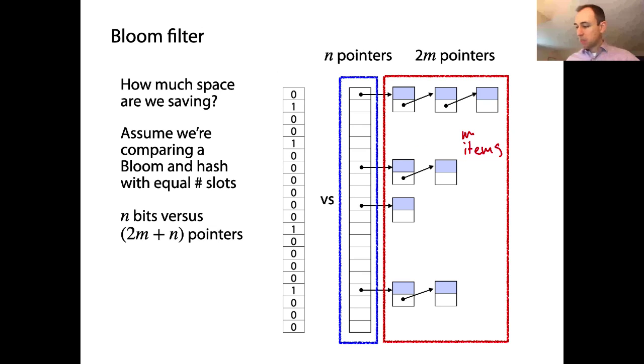Whereas with the hash table, even though that same concern exists and it affects the efficiency of querying the hash table, it's not a concern about whether the hash table is going to give the right answer or not, right? It's definitely going to give the right answer regardless of how many slots we picked.